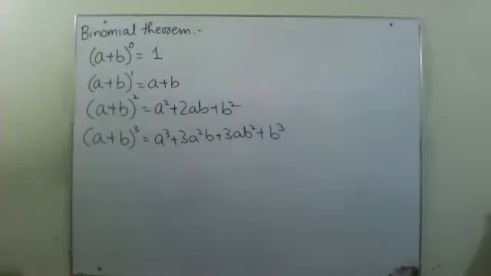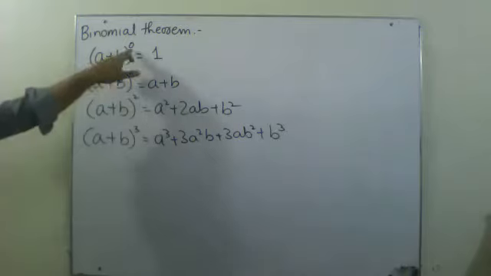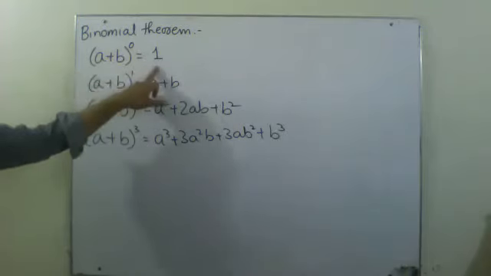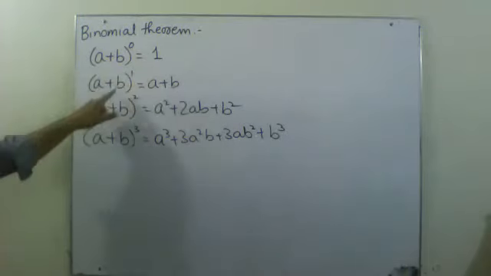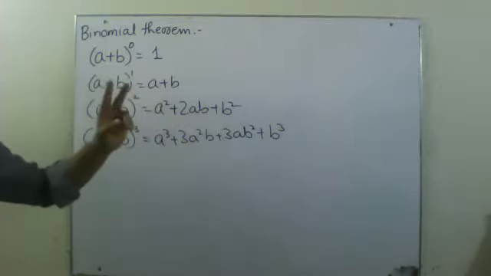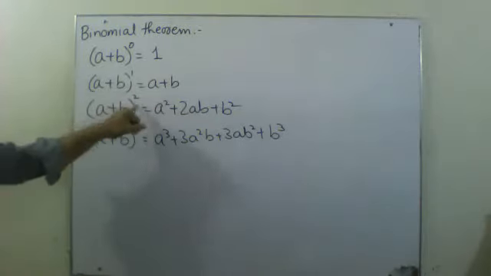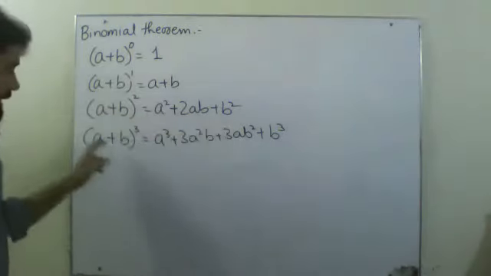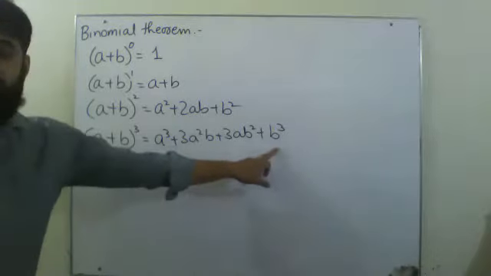Now the first thing you can see is, power is 0, number of terms is 1. Power is 1, number of terms is 2. Power is 2, number of terms is 3, and power is 3, number of terms is 4.